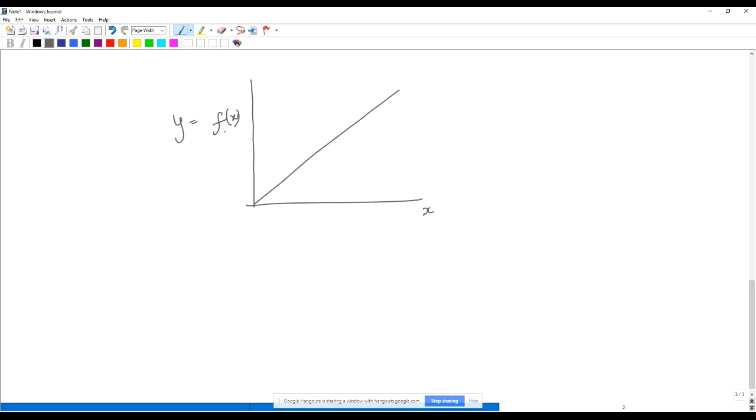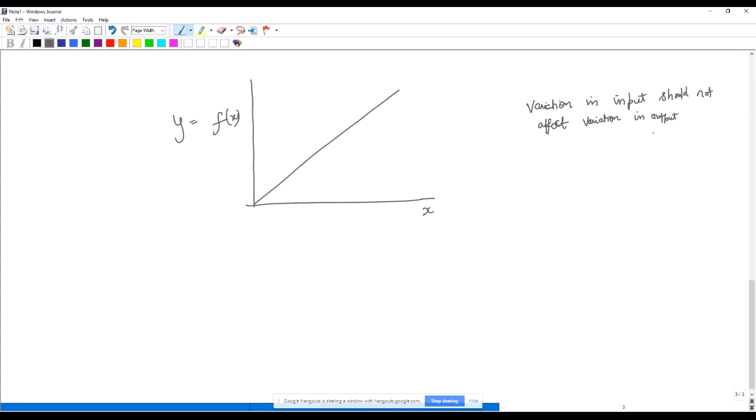Now, overall, what is our idea of robustness? Variation in input should not affect variation in output.